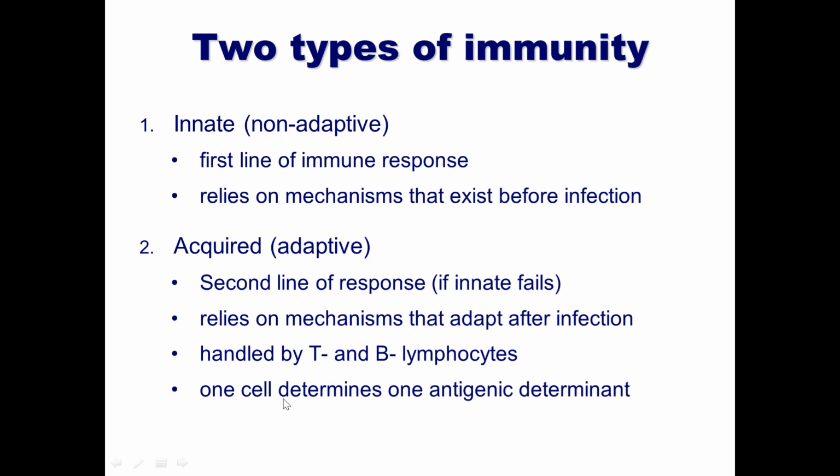And acquired immunity is also one cell, one antigen determinant, meaning one cell, one antibody only determines one type of antigen, not more than one type of antigen. These are the key terms of the acquired immunity.